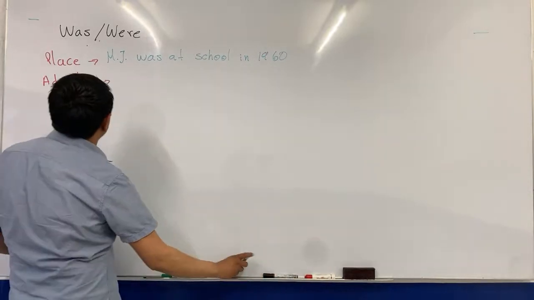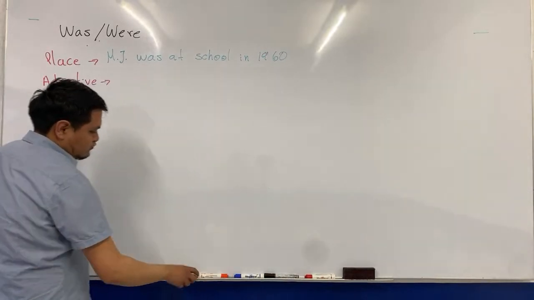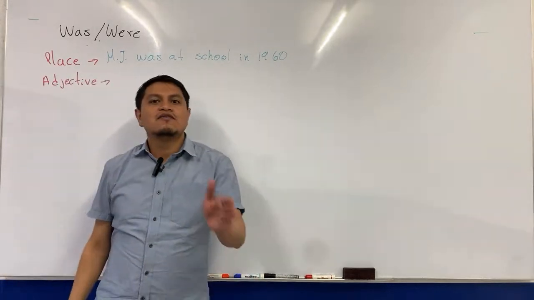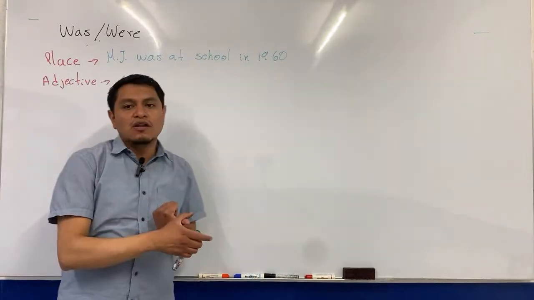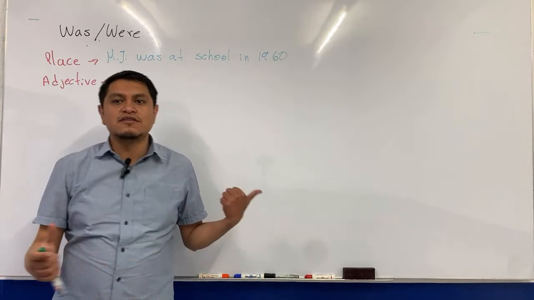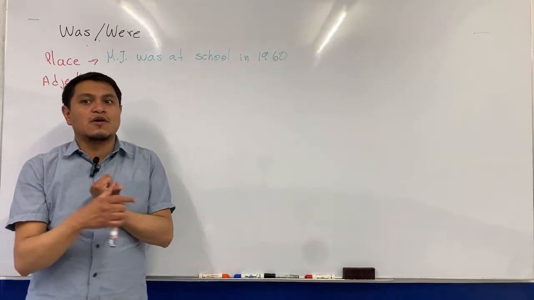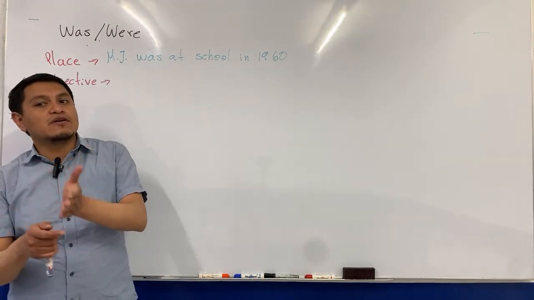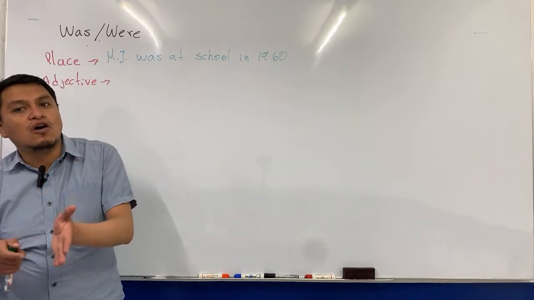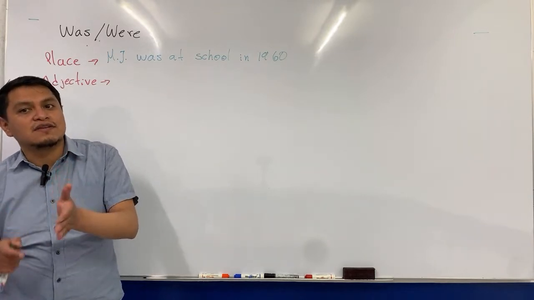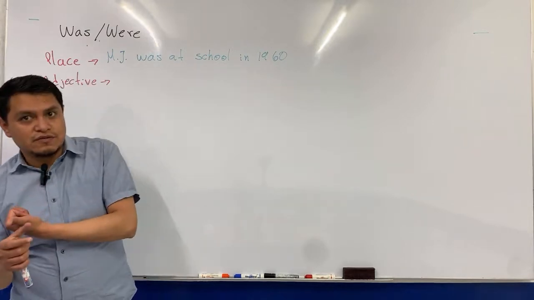Now for adjective. For example, for this one, for adjective, John Lennon and Paul McCartney were shorter, when they were 5 years old, right? Adjective, were shorter, right?